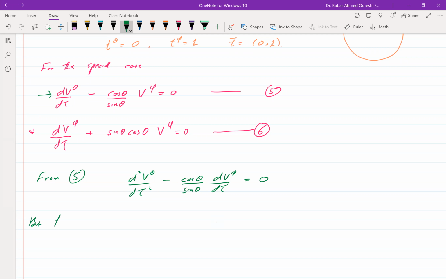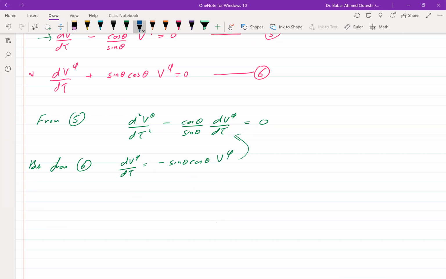But from 6, I know what dv phi over d tau is. So I put it over here.